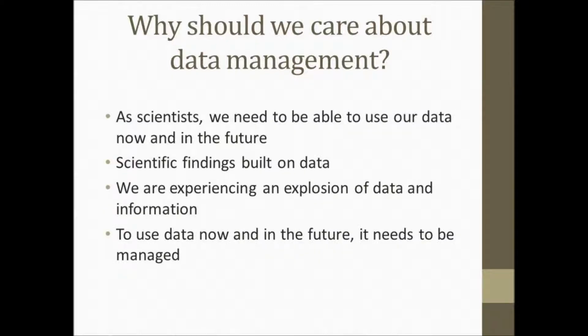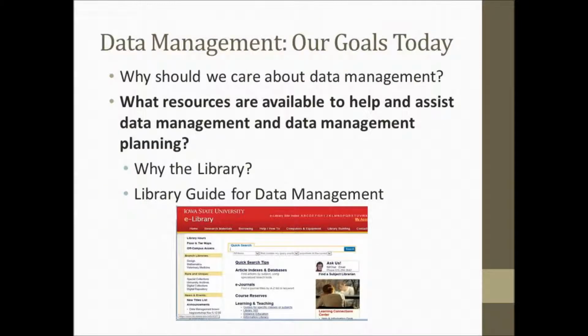Our scientific findings are built on data. And we are experiencing, obviously, an explosion of information and data. So to use it now and in the future, it needs to be carefully thought about and managed. So those are why we should care about data management. What resources are available to help and assist you in your data management and your data management planning?